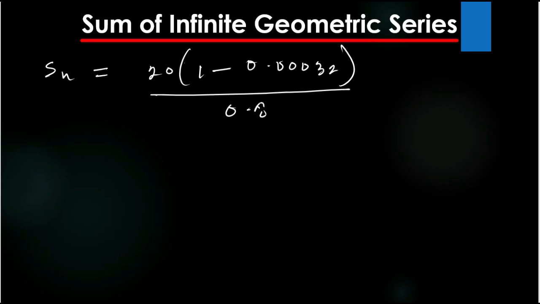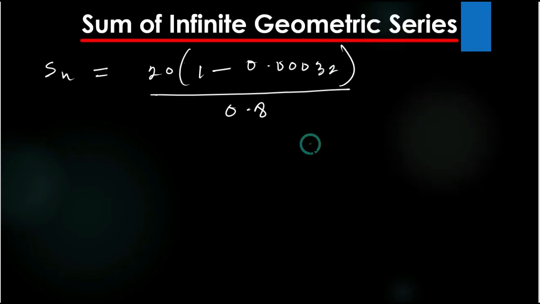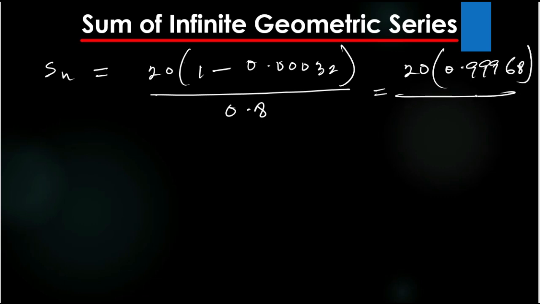Now 1 minus 0.00032 is 0.99968. Now that's the same thing as 20 into 0.99968 all over 0.8. So this is S5.